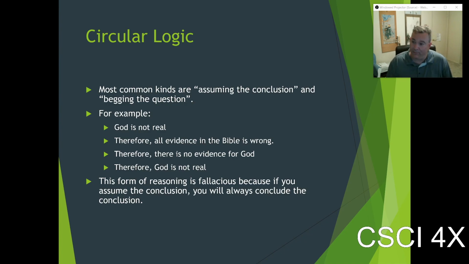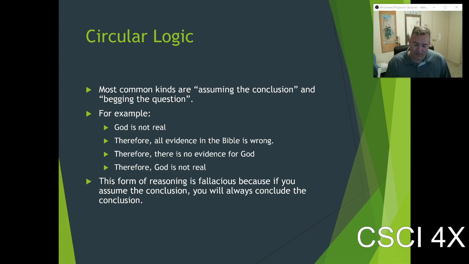And then from the fact that there is no evidence for God, you can conclude that God is not real. So, have you actually accomplished a proof that God is not real? No. Because what you've done is assumed that it's not real, and through a circuitous path, you have arrived back at your conclusion. So, it's called assuming your conclusion, or circular logic.